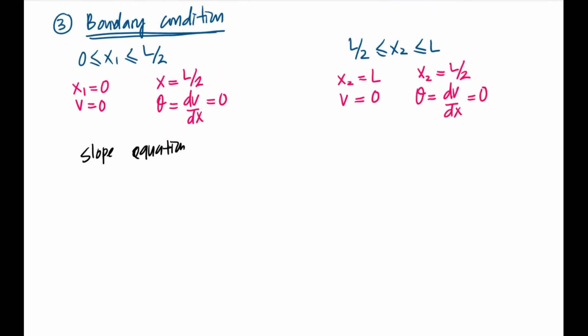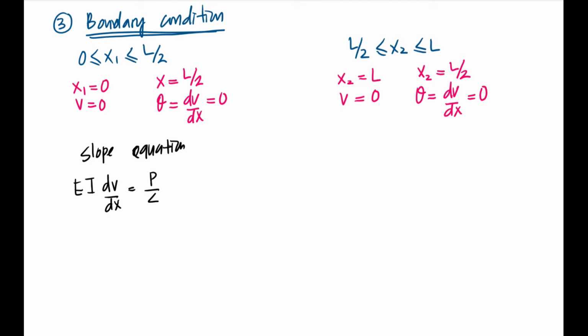we can define, this is your slope equation, EI dv over dx equal to P over 4 x squared plus C1. So we substitute here dv over dx equal to 0 when x equals L over 2.